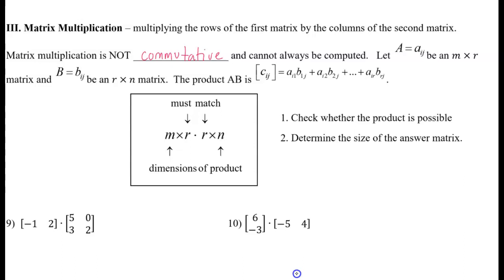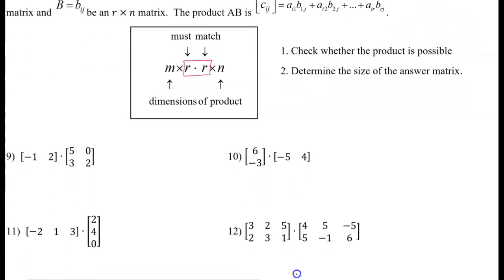So here you see we have an M by R matrix and an R by N matrix. If the two middle numbers match, that tells you you can multiply those matrices. And the outer two numbers tell you the dimensions of the product. So whatever you end up with once you multiply, the order is determined by these outside numbers.